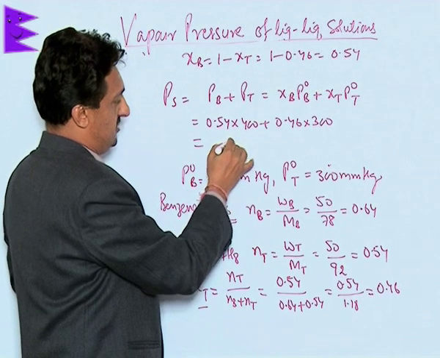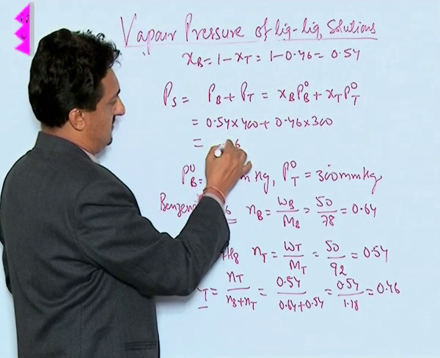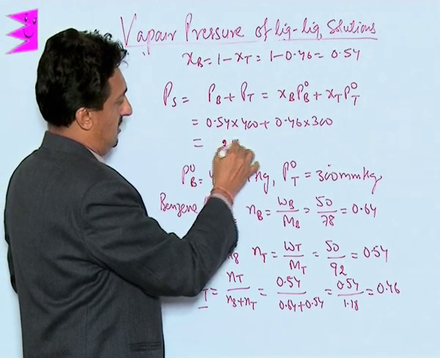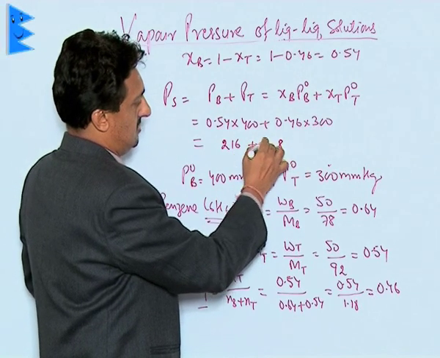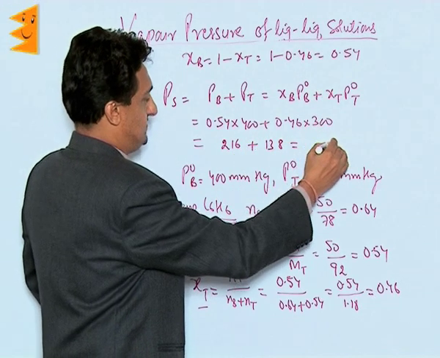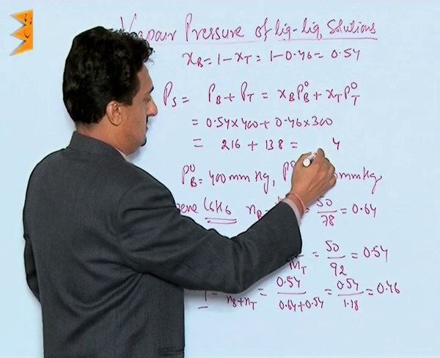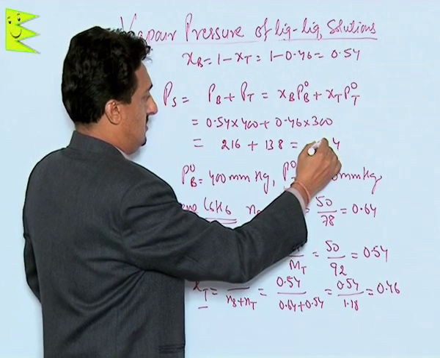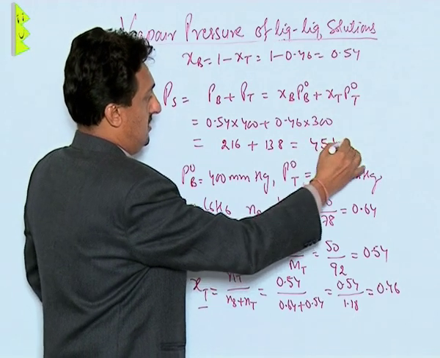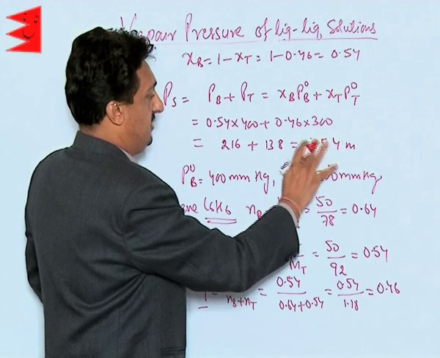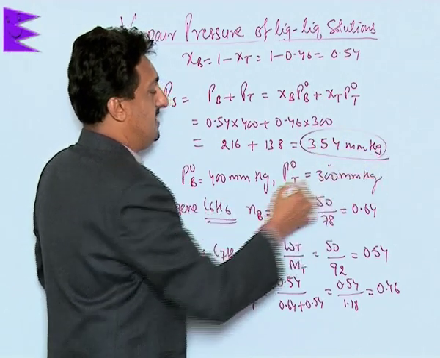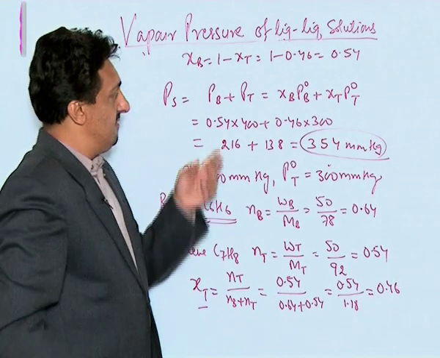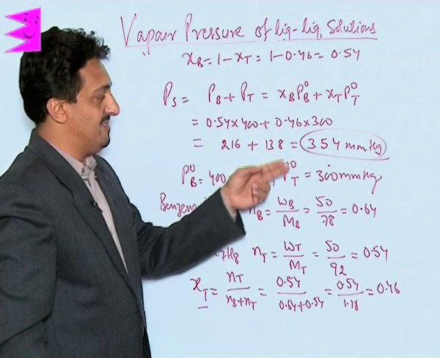So this will be 216 plus 138, so it's 354 mmHg. This will be the vapor pressure of the solution when benzene and toluene are mixed like this.